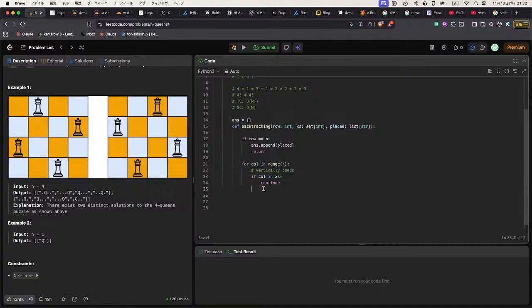We don't move to next, so we just continue the loop. Otherwise we can place it.